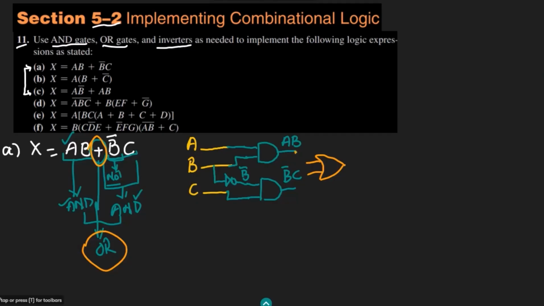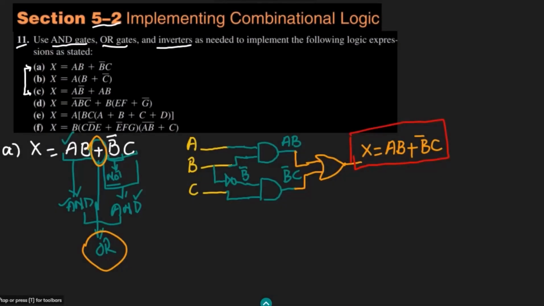The first input is this one, the second is this one, and the output of it is X equal to AB plus B complement C. This is the output which I wanted to find out. So this is the implementation of part A.